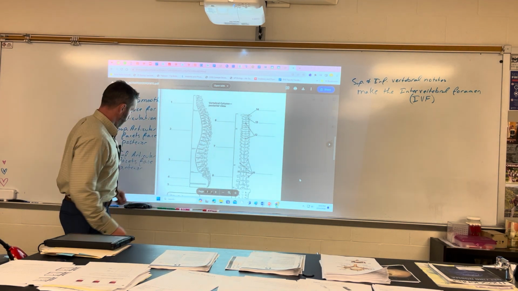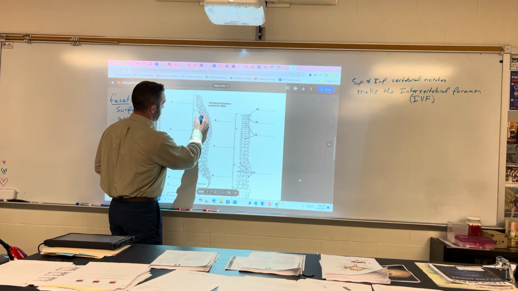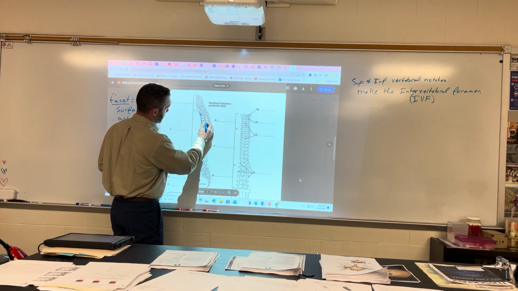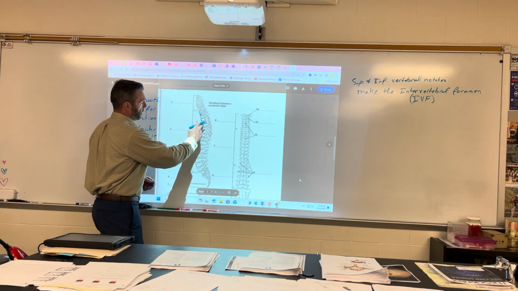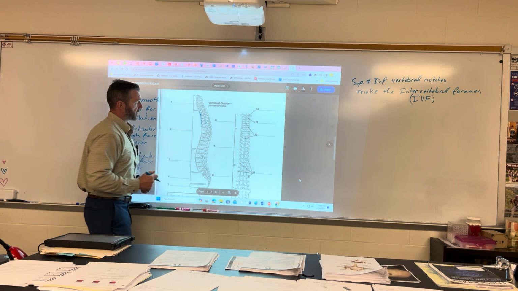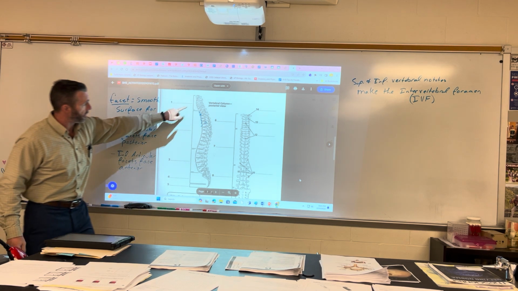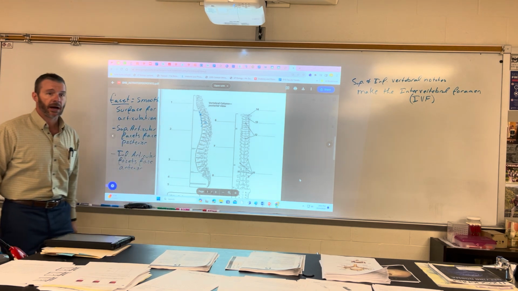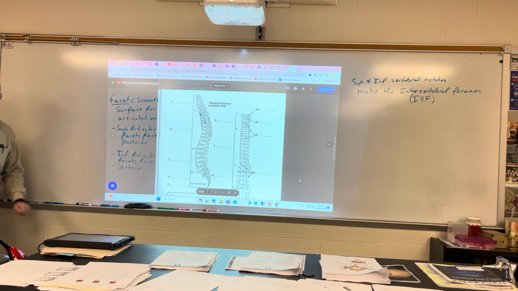So right here, here's T1, T2, we can work our way down. Let's do 3, 4, right here at 5. At T5, T6, I have this IVF that's located right there. And that's the IVF between T5 and T6. And that's made up by the two vertebrae coming together. We can see that throughout the entire vertebral column, and that's where our spinal nerves come out and exit the spinal cord. Okay? Good deal.